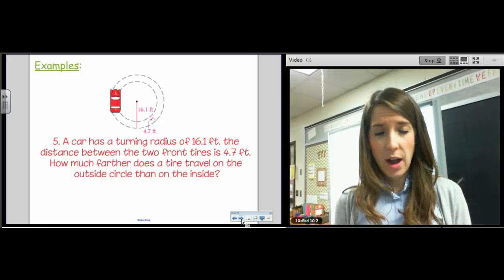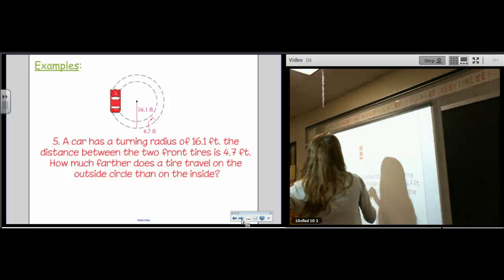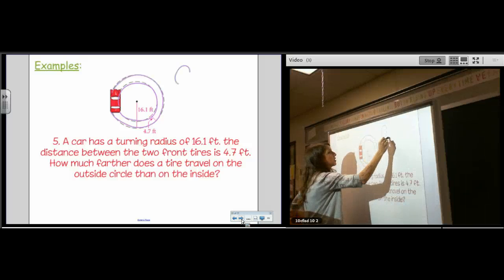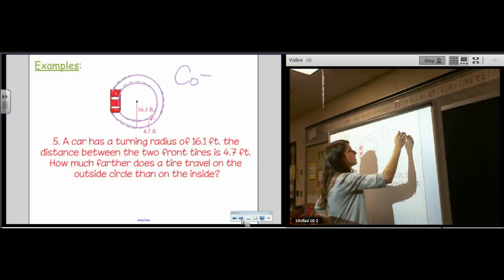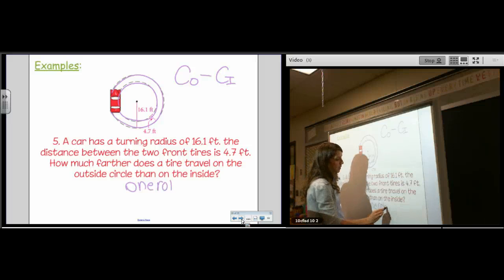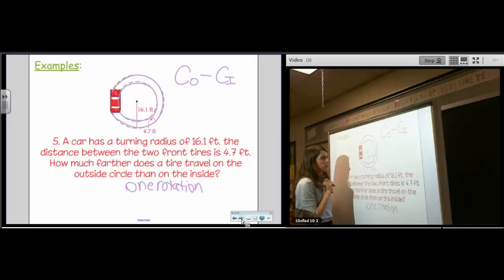So do you want to talk strategy here? I would just find the circumference of each one and subtract it. So circumference of the outer minus the circumference of the inner. We'd have to specify that we're just doing one rotation. In one rotation, how much further does it travel?